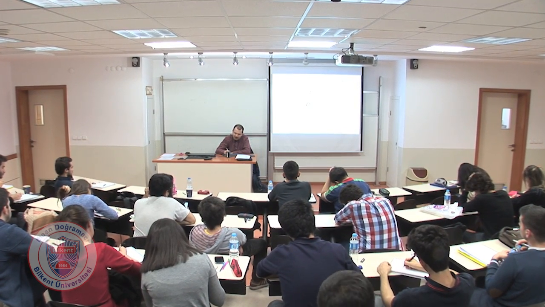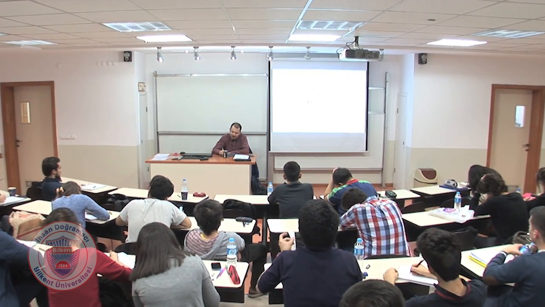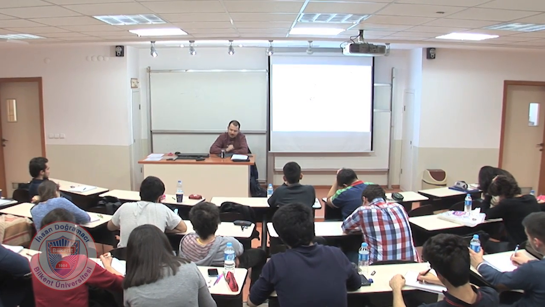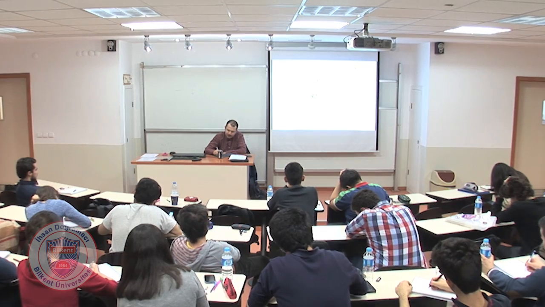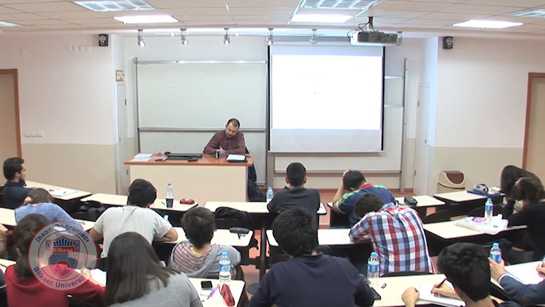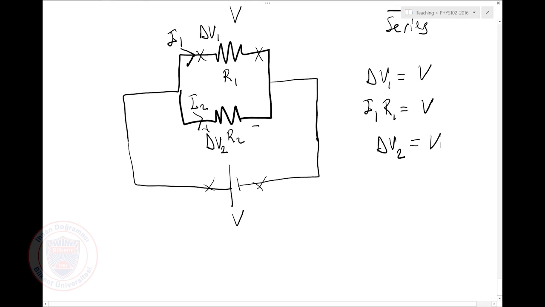So delta V1 is going to be V, but what's delta V1? If a current I1 is passing through there, I1 times R1 is V. Delta V2, if a current I2 is passing through, it's V.